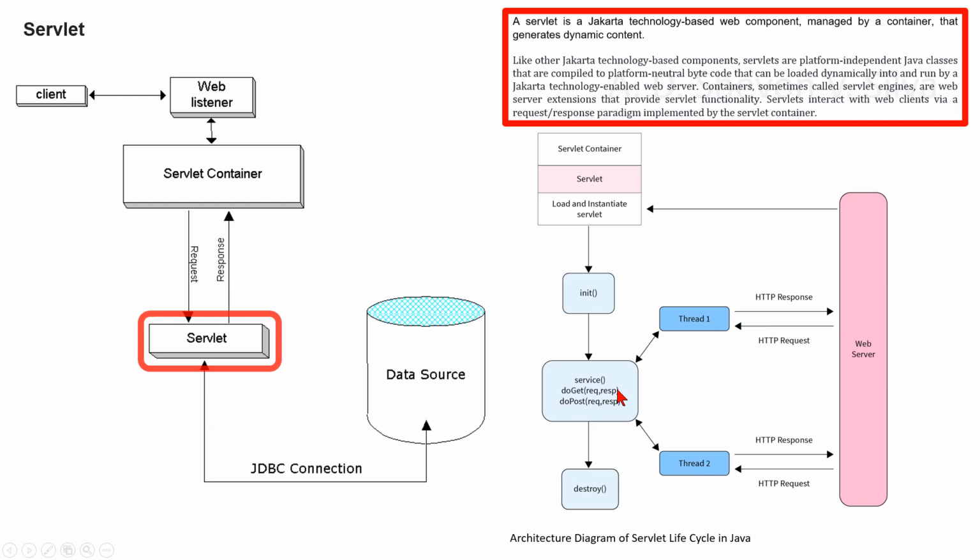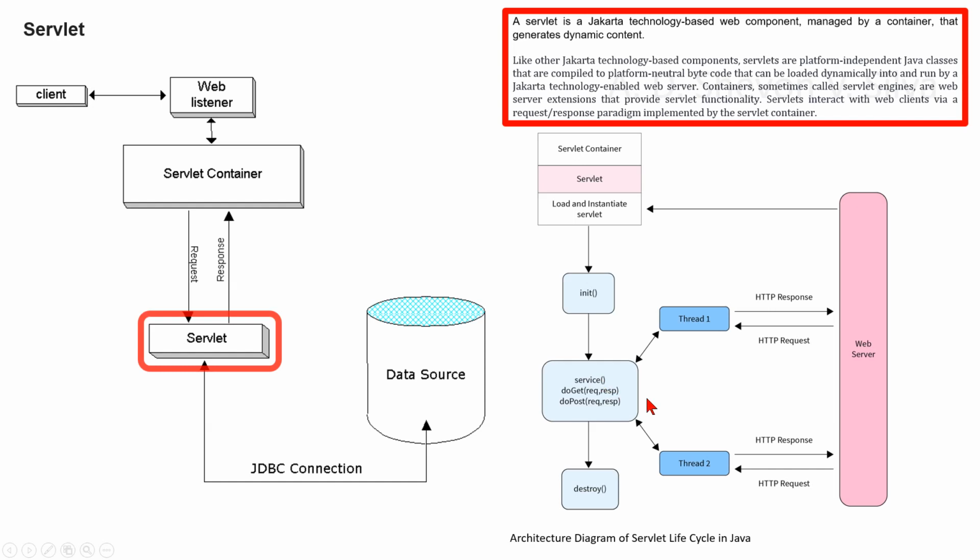Protected void doHead(HttpServletRequest, HttpServletResponse) is called by the server via the protected service method when it receives an HTTP head request, and handles the request.